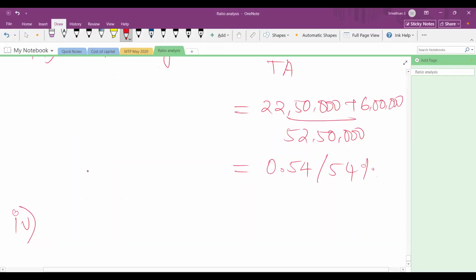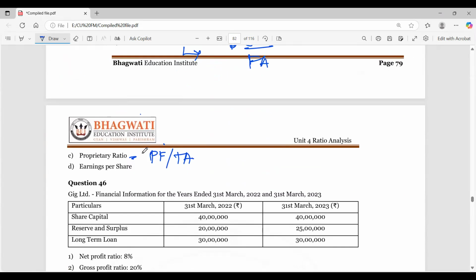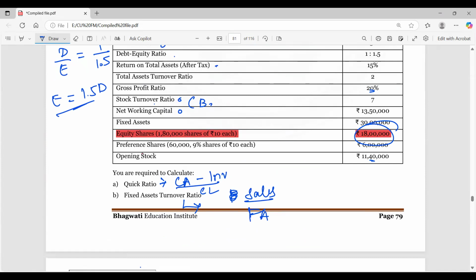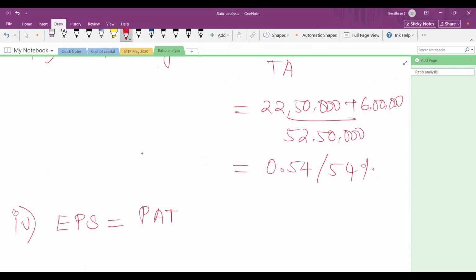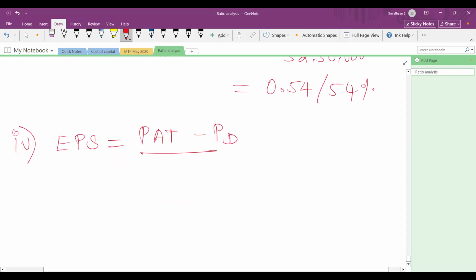What is the formula for calculating EPS? This 22 lakh 50 includes reserves and surplus. So in this question, the formula that you need to use is PAT minus preference dividend divided by number of outstanding shares.